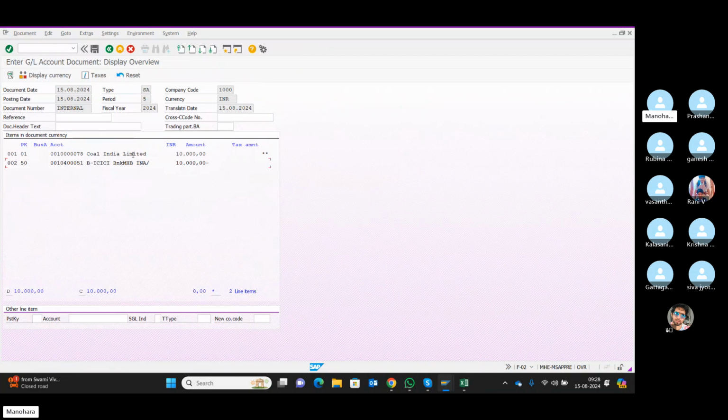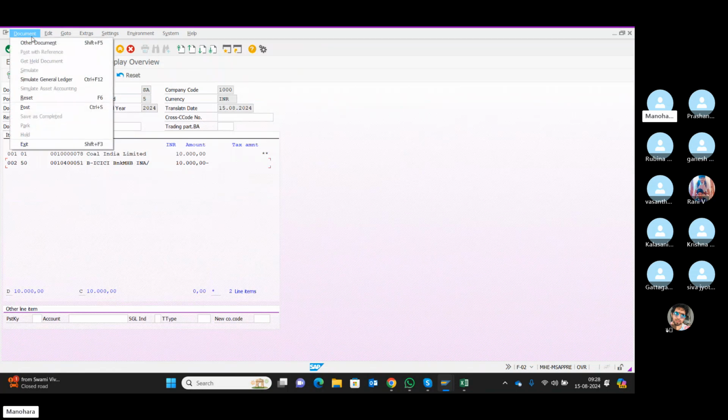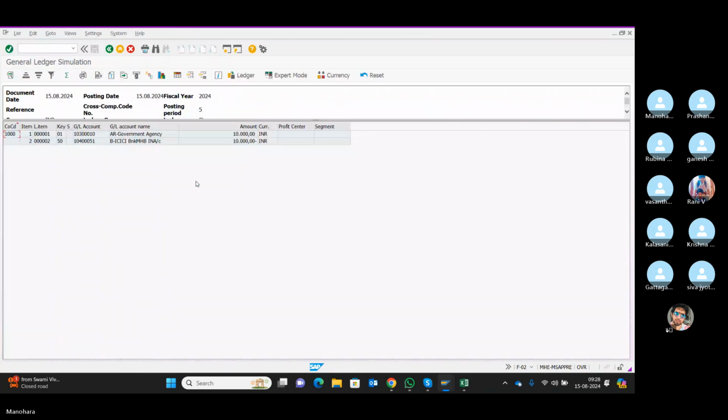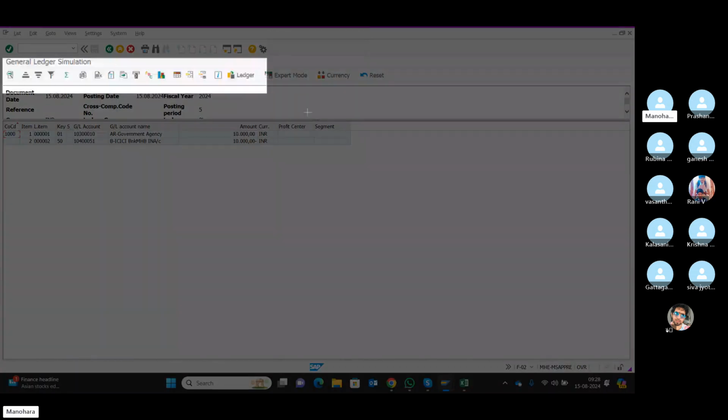This is one journal example, a journal entry, and this is the entry view. Here is the simulation journal and the general ledger, right? See here, is there any difference? Anybody can tell? Both are journal entries.